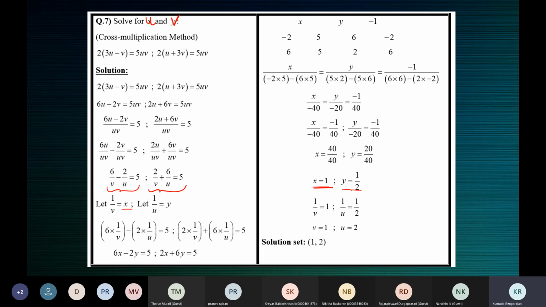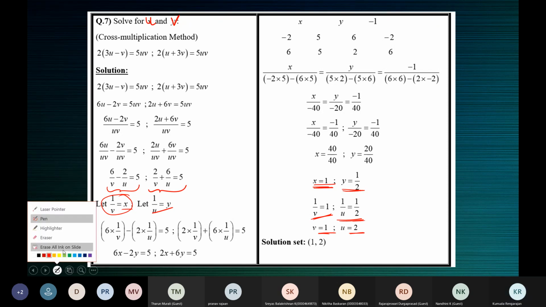But who is x? x is 1 by v. x is 1 means 1 by v is 1. y is half means 1 by u is equal to half, because y is 1 by u. So on solving, we get v is 1 and u is 2. Yes, please work out, children.